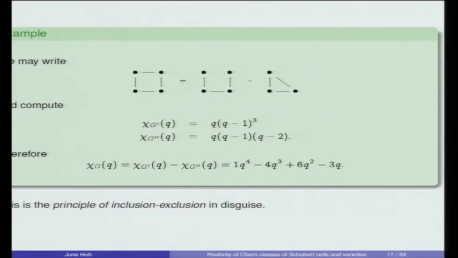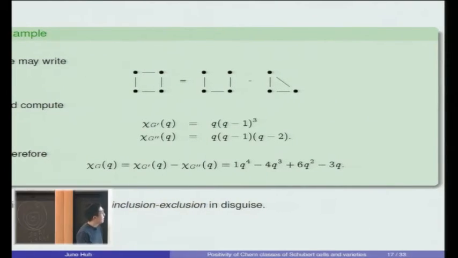But the observation is that if you compute the chromatic polynomials of the 3 graphs and compare them, there is an obvious recursion relation. The chromatic polynomial for the original graph is the difference of the 2 graphs, G prime, the deleted one, and G double prime, the contracted one.